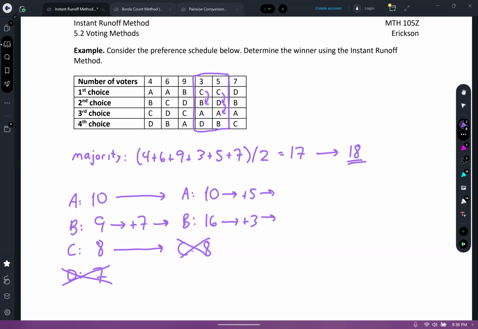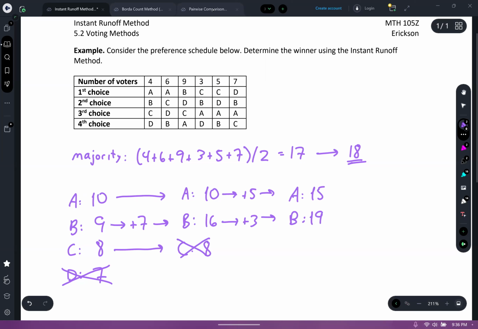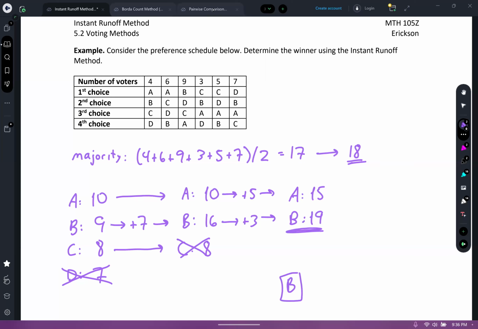And so for the next round, C's votes get distributed. 5 go to A, 3 go to B. And so now A has 15 votes and B has 19 votes. So then again, we ask, did either candidate achieve a majority? And yes. So B now has 19 votes, and that makes B the winner of the election.